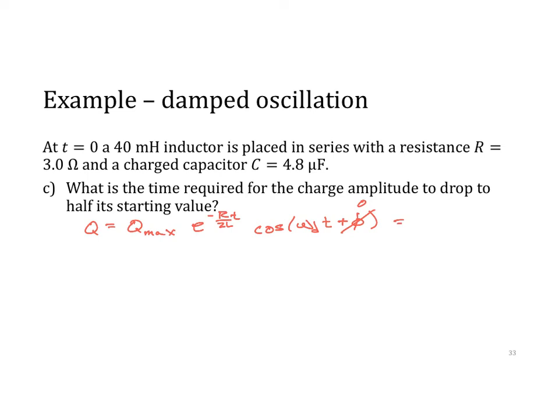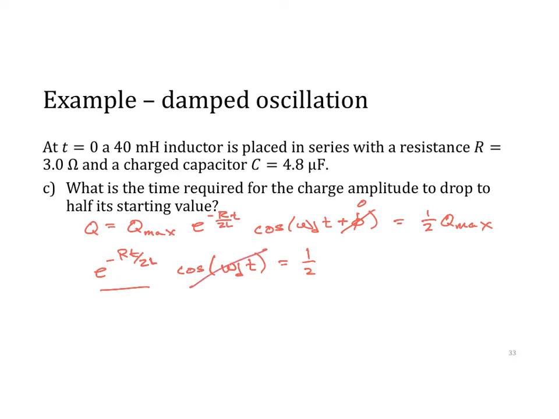So which do we actually use here? We want to know when it's dropped to half of its maximum value. So we can see we can divide out a max, and we've just got this. So what I'm going to argue is that we really want to look at where the exponential function drops to half and not pay attention to the cosine function.